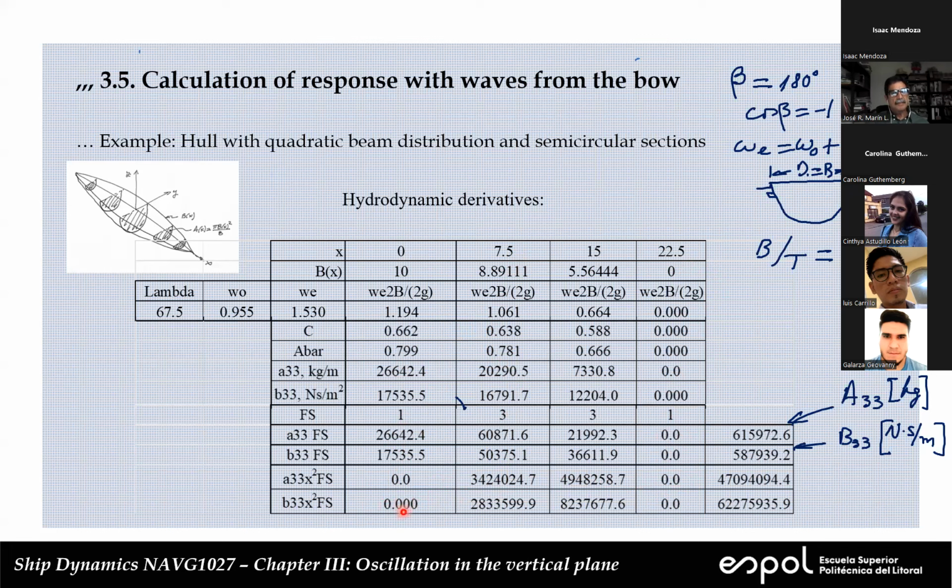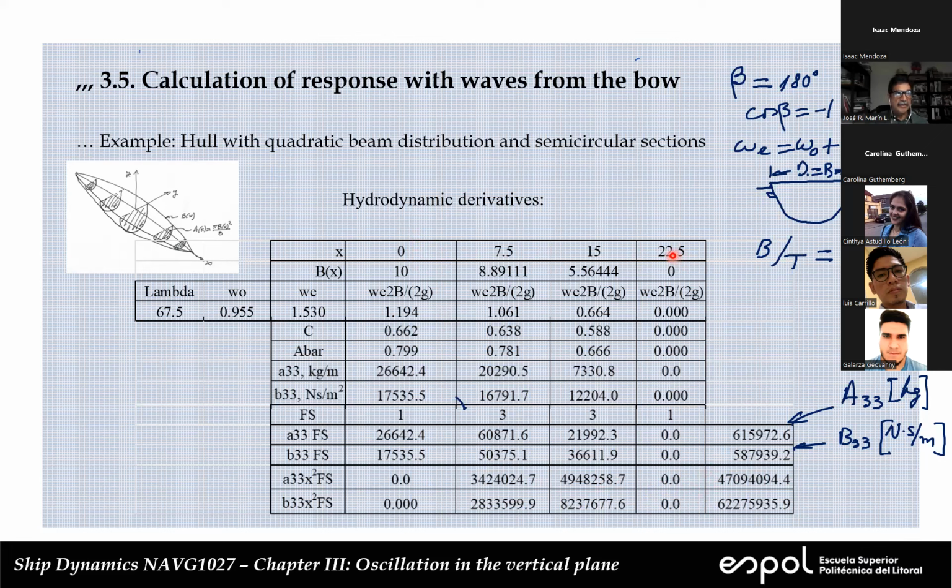Similarly for the damping. And these equations are the same. So this equation is the summation times 3/8 times delta x and times 2, because this is just integrated from midship until the forward end.